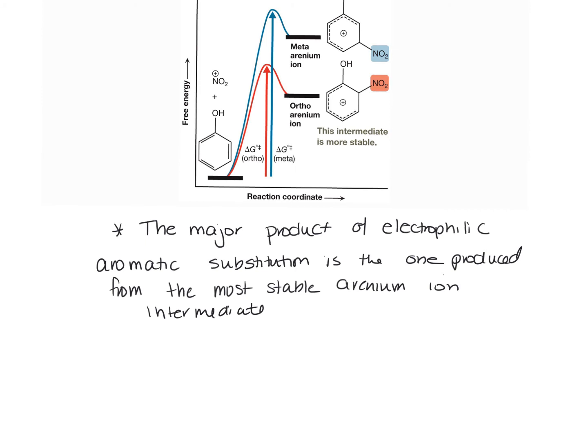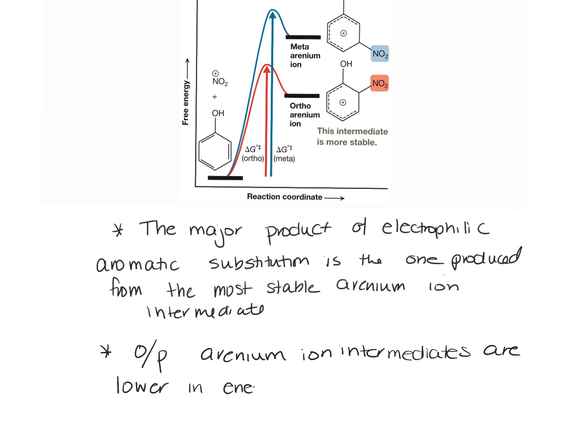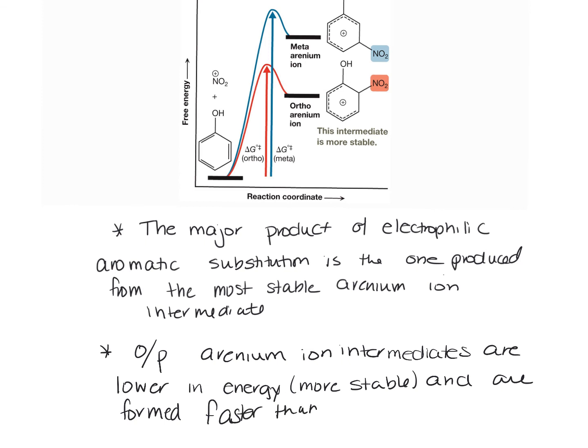And so what we can say in that case is when you have an ortho-para director attached to a benzene, the ortho-para arenium ion intermediates are lower in energy, which means they're more stable, and are formed faster than the meta intermediate. Okay.